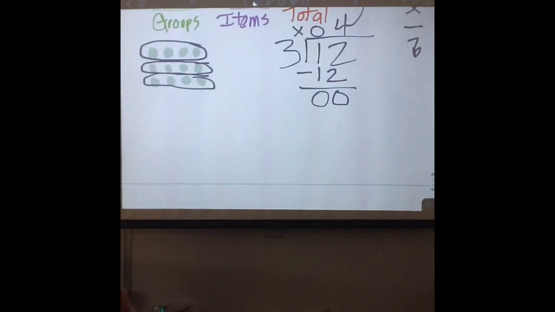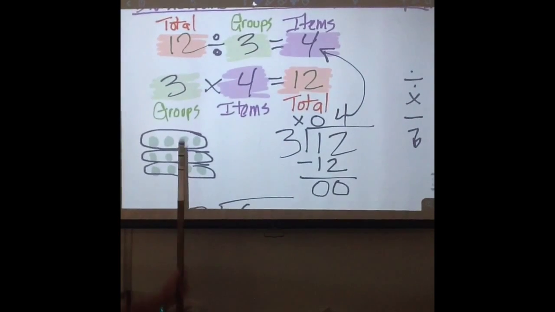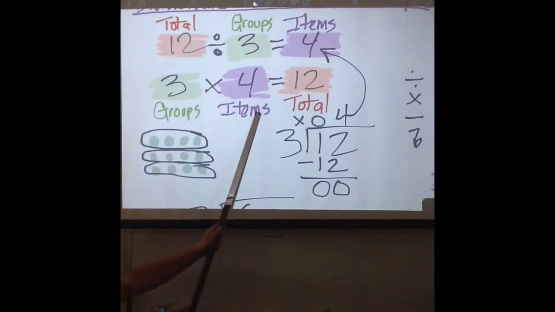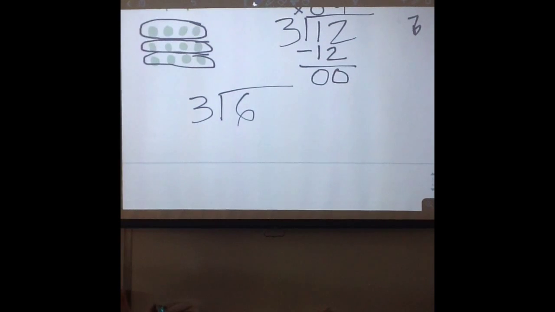So next time you have a really simple division problem, let's say you had a simple division problem like 3 into 6 here. Well, we know from up here that division is just backward multiplication, right? So what are we going to do? Here's what we do.